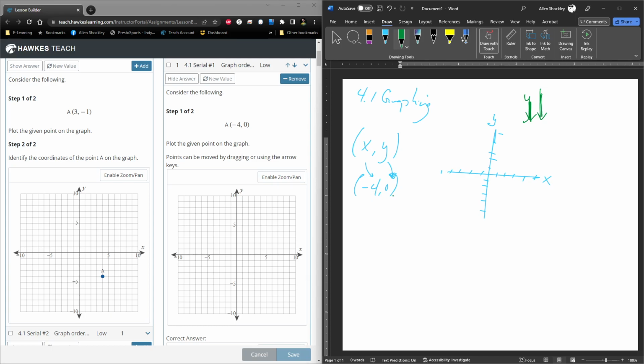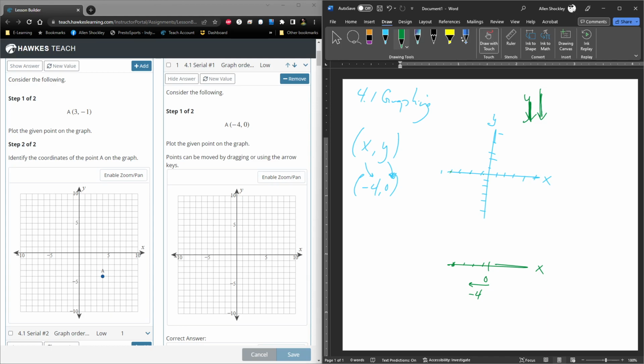For the coordinate -4, 0, I'm going to go on my x to -4. If I just had a line here that was x and this is 0, where would I find -4? Well, I would go this way, 1, 2, 3, 4. So up here, 1, 2, 3, 4.